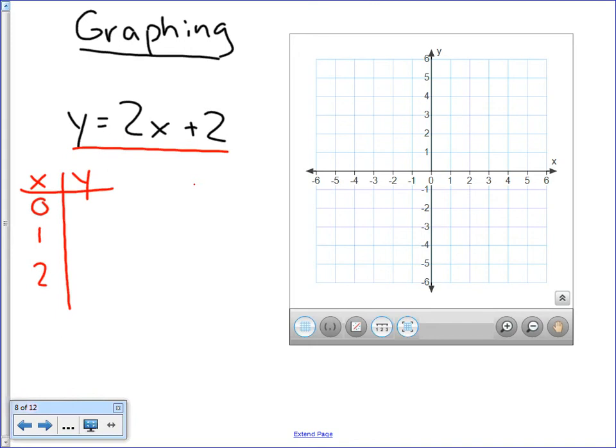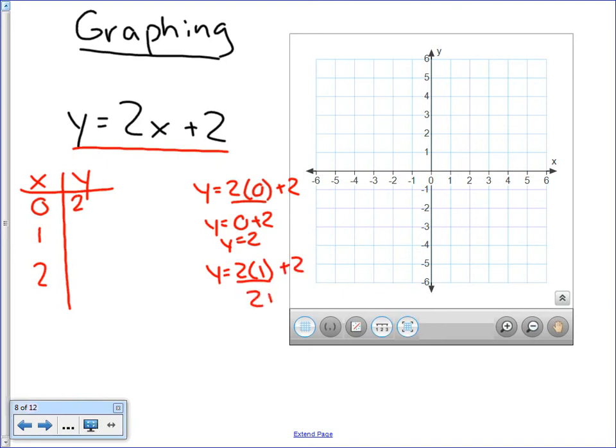Plugging in 0, I have y equals 2 times 0 plus 2. Make sure to multiply these together first. So 2 times 0 will give me 0. So y equals 0 plus 2. So y equals 2. Plugging in the x value of 1, we have y equals 2 times 1 plus 2. 2 times 1 will give me 2.